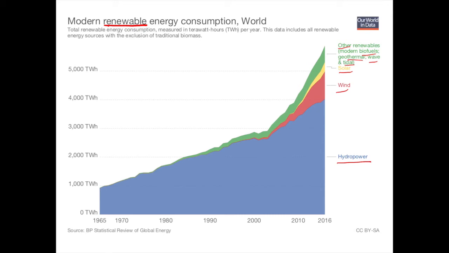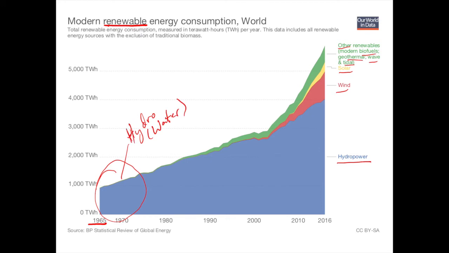And this is renewable energy consumption for the whole world from 1965. And if we look really old, long time ago, all we have is hydro, which is water power. Right?